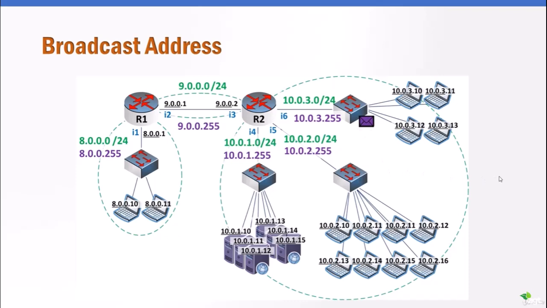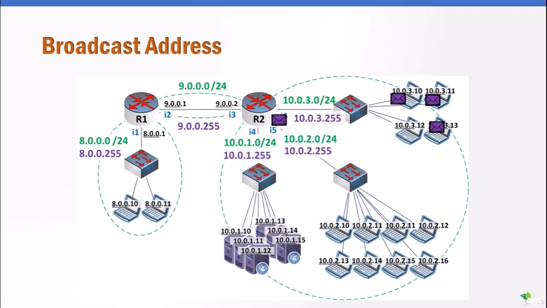The switch is going to send this packet through all of its interfaces except for the interface that received the broadcast packet. So these are the devices that end up receiving the broadcast packet. Now, if you're wondering what is the router going to do, is the router going to further forward this broadcast? It's not. So routers do not forward broadcast packets.